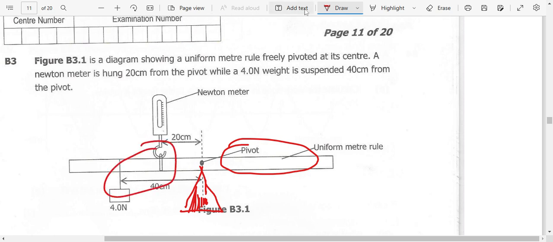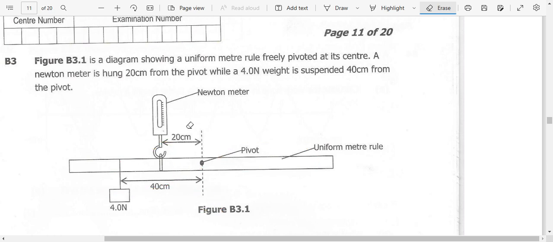So what you are going to do is find the moment in this direction, where I've got the Newton meter, because we don't have any other force acting on this one.